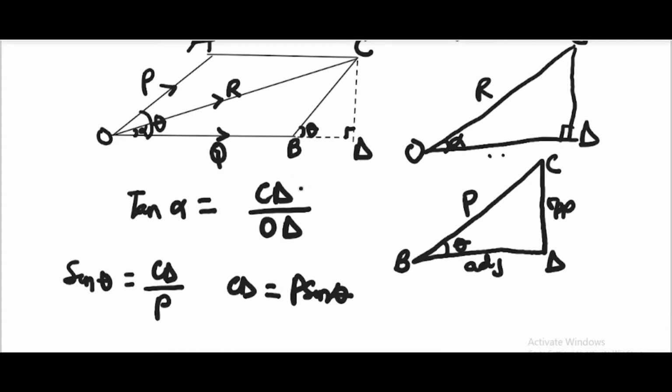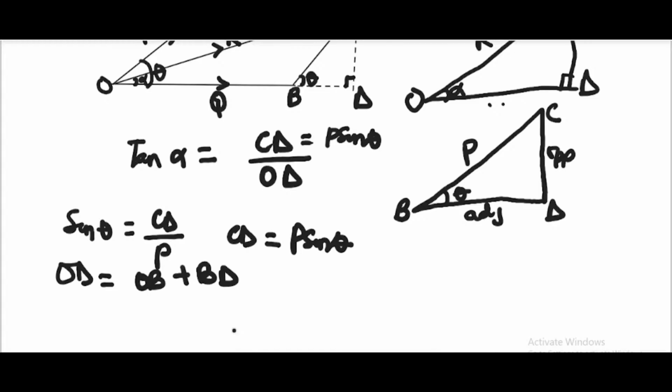So coming to OD, OD is equal to OB plus BD. I already know my OB to be Q. So the question is, what is BD? Looking at BD, BD is the adjacent side here.